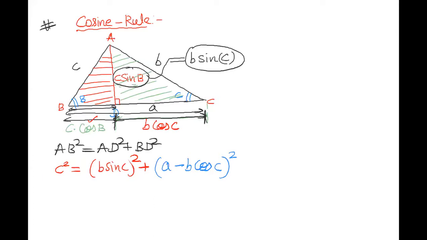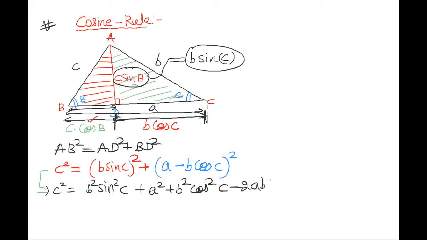Now just simplify this. Simple manipulation: c square is equal to b square sin square C plus (a minus b cos C) whole square, so a square plus b square cos square C minus 2ab cos C. Now further, b square is common, and sin square theta plus cos square theta is 1.